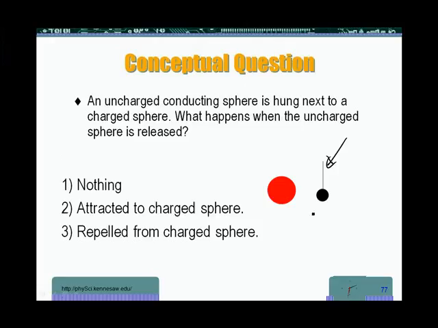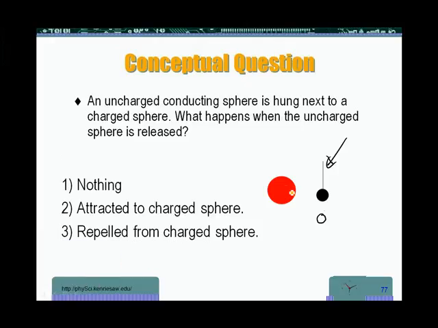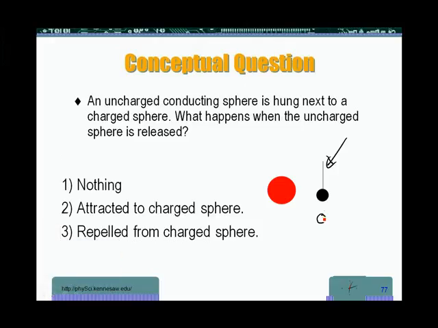Now remember, this is made up of a conducting material. What does that mean? The minute we put it nearby, so this is my sphere, what's going to happen to my sphere? The charges that are the same as the charges in the red sphere are going to be pushed away to the other side of the sphere.